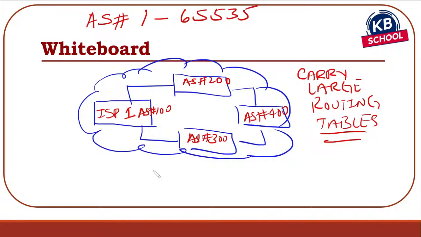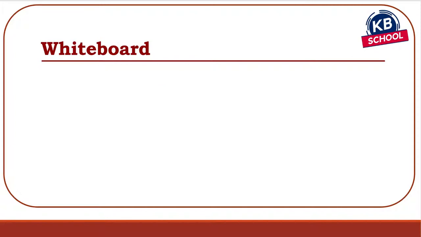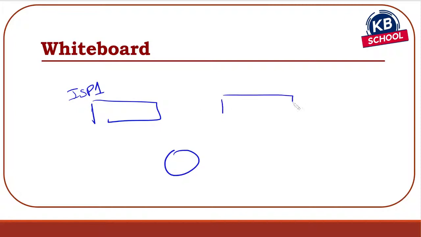Now there is another use of BGP. Let's say I have a customer which is a big enough customer, a big enterprise, and it has a connection to two different ISPs to get to the internet. Why? Their company business is heavily dependent on the internet, so they want to keep redundancy.